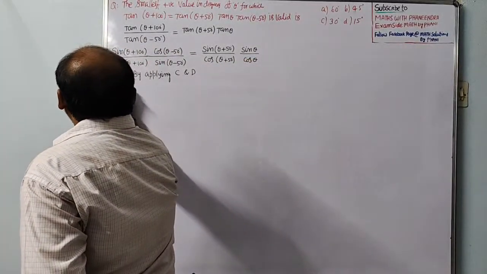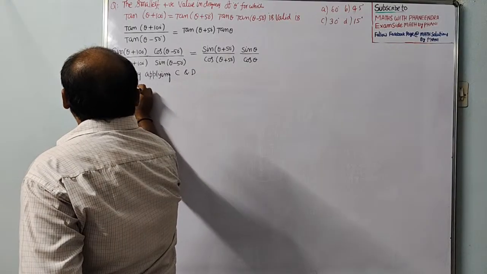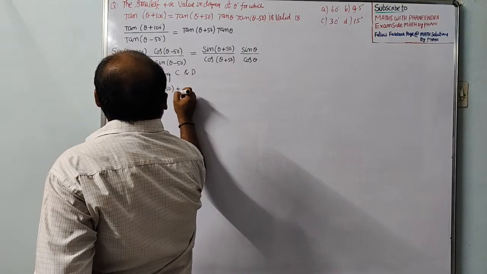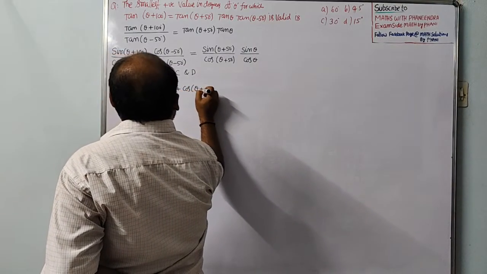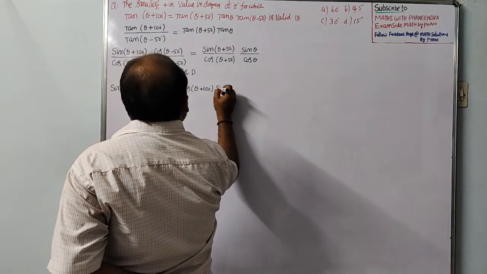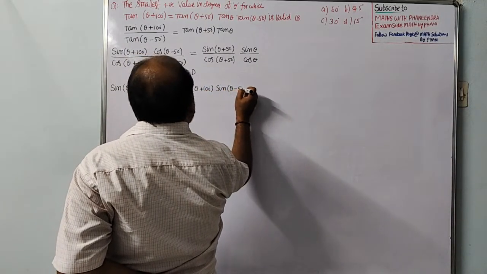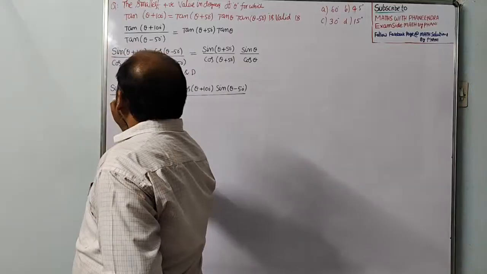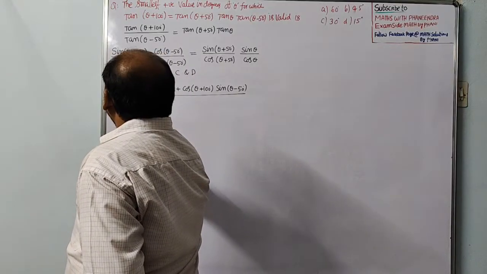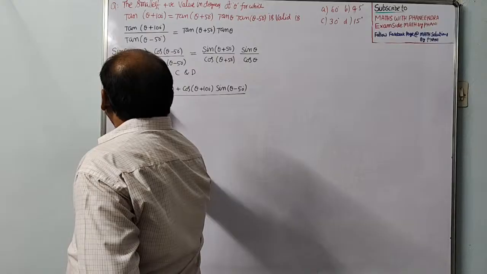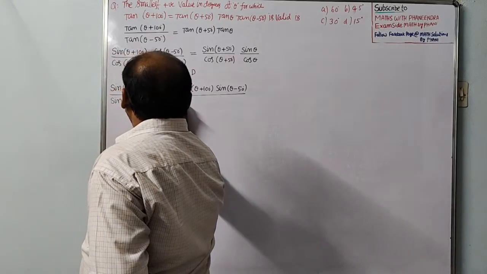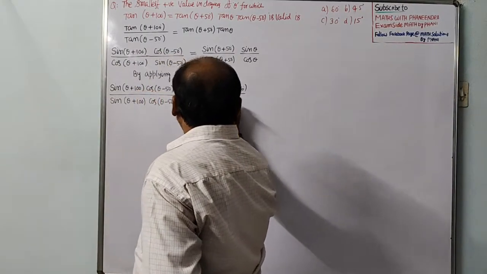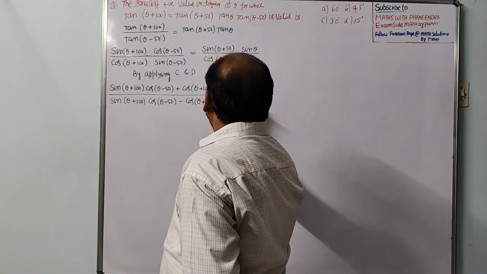See, sin of theta plus 100 cos of theta minus 50 plus cos of theta plus 100 into sine of theta minus 50, divided by the same thing minus, sine of theta plus 100 cos of theta minus 50 minus cos of theta plus 100 sine of theta minus 50.